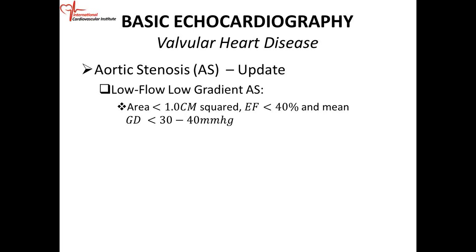But because the heart is not pumping strong, the valve is not opening to its full extent. So how do you distinguish, is this severe aortic stenosis or is it not severe aortic stenosis?